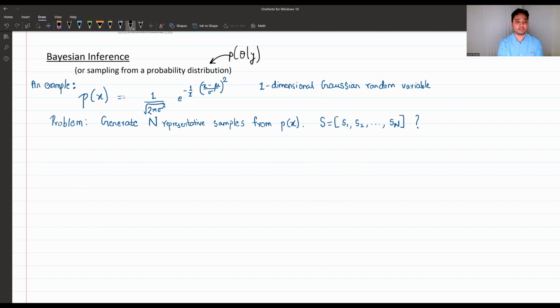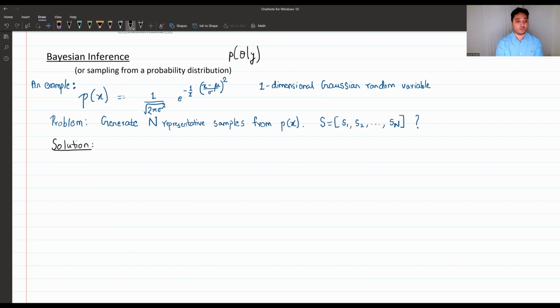Now, the problem is, if I ask you, generate n representative samples from P of x. So if I ask you to computationally give me an array that has n elements, S1, S2 to Sn, and these should represent a Gaussian probability distribution. So if you want to think about how you could solve this, you can pause this video and think about the solutions to this method.